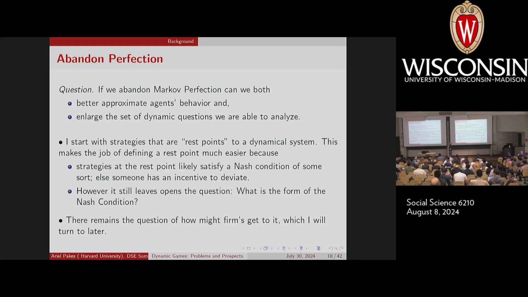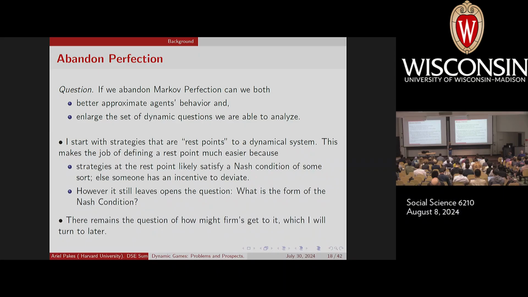So I'm going to build this up for you now, and I'm going to start with strategies that are rest points to a dynamical system. What is a rest point? I'm doing the best I can given what everybody else is doing, conditional on my information set, what information I have. Strategies like that are going to satisfy a Nash condition, and the question is, what is the form of that condition?